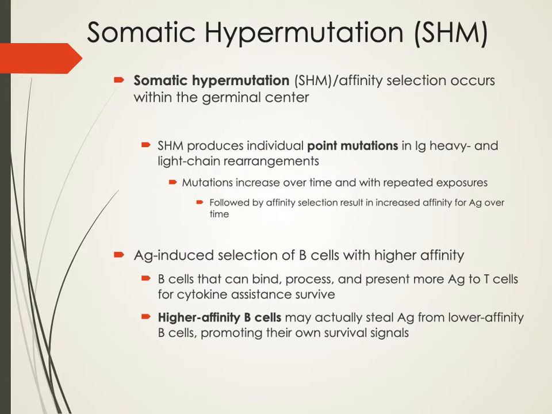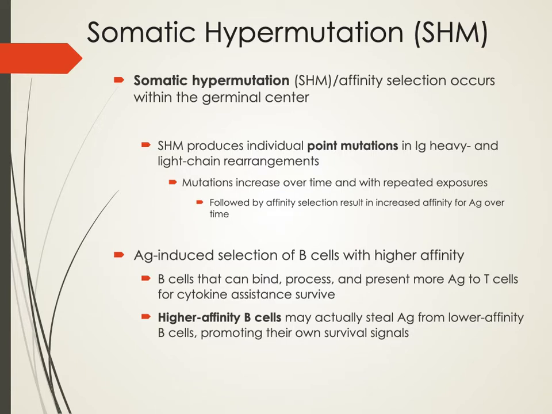So there's somatic hypermutations that can occur, and this changes the affinity of the B cell receptor, the antibody, to its antigen. So this is further editing that can happen. So there's going to be point mutations that happen to the heavy and the light chain arrangements.